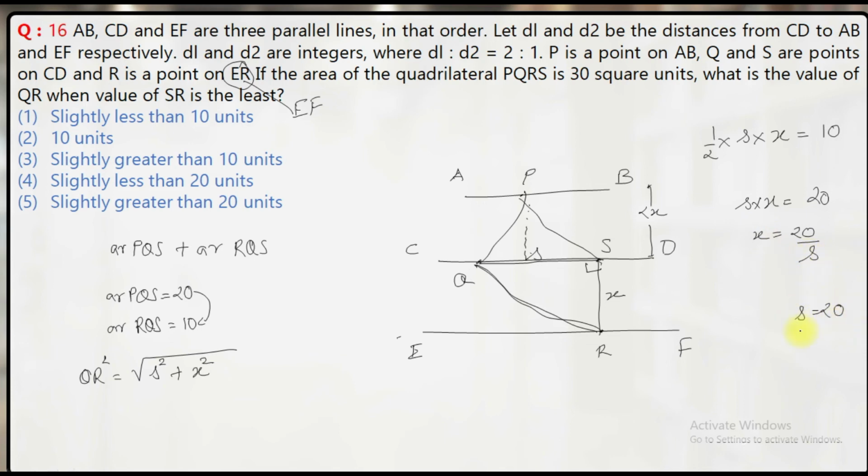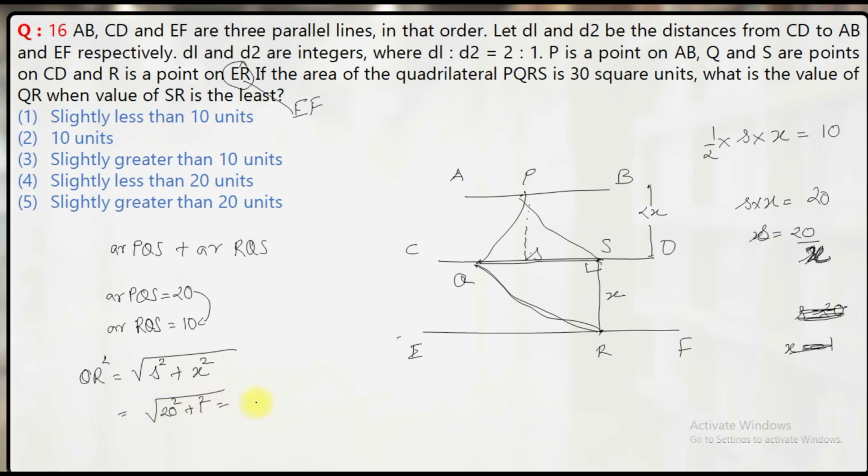When you put S equal to 20, the value of X becomes how much? 1, or vice versa. I can say that S is equal to 20 by X. Since X is minimum possible, the minimum possible value of X must be equal to how much? If I put it like this, one of the values will become 20 and the other one will become 1.